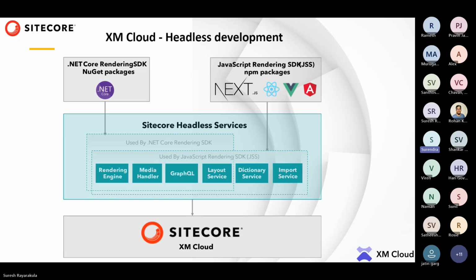Within this, JSS is the main one, because Next.js is an enterprise-ready front-end JavaScript framework built on top of the React framework. And Sitecore JSS for Next.js gives you the unique advantage of flexible delivery models such as Jamstack-ready server-side rendering, called SSR, and it also provides static site generation, called SSG.